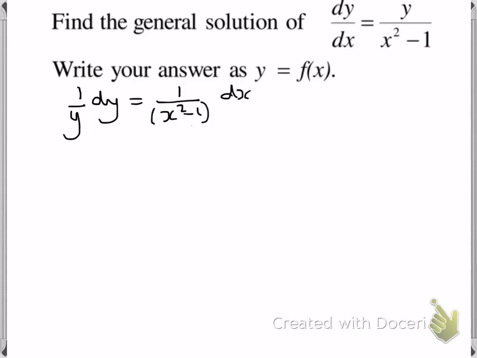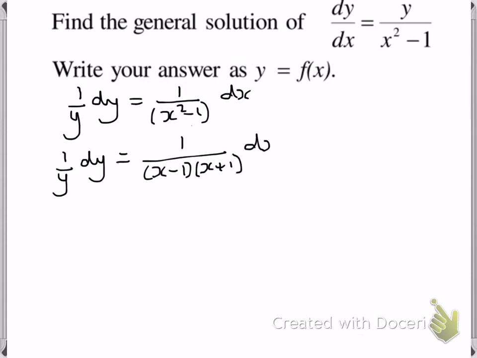And the denominator here, we've got the difference of two squares. So 1 over y dy is equal to 1 over x minus 1, x plus 1 dx. So now we've got this in some form that we can integrate.